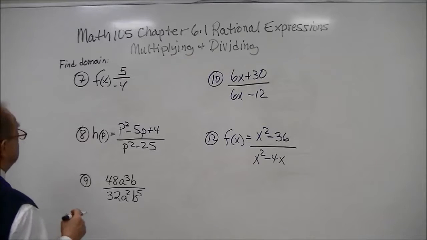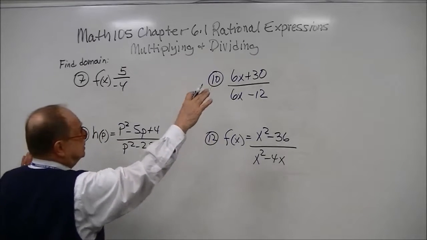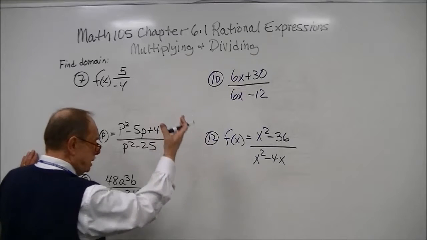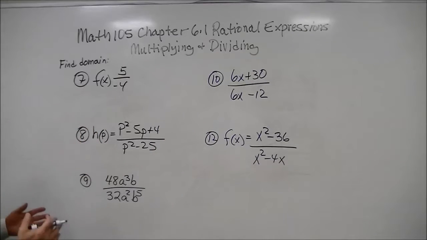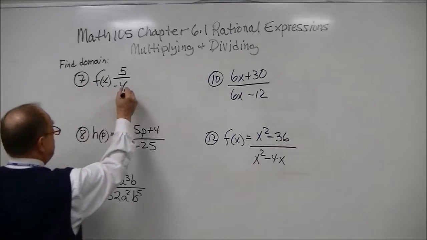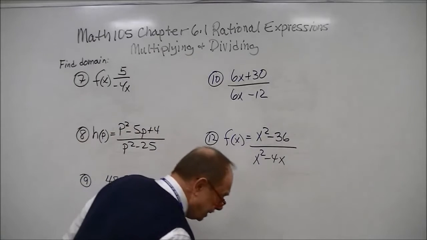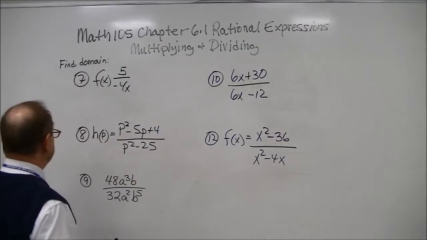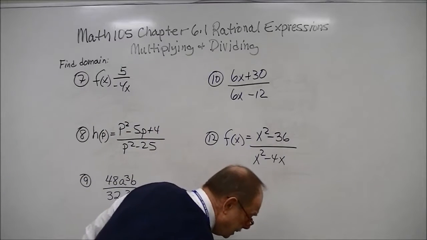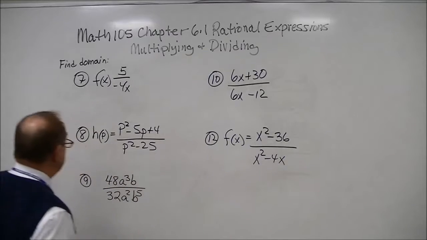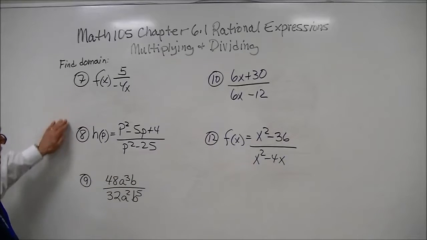As we continue with rational expressions, and again, fractions, they're going to ask us to do various things with them. For instance, here they're asking us to find the domain of 7 and 8.